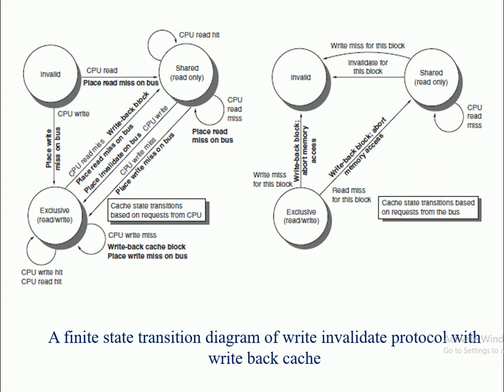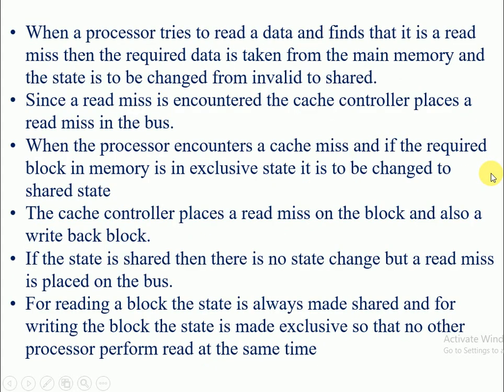So by using this cache coherence protocol, that is the snooping protocol, we can reduce the problem of cache coherence, and we can have the updated data accessed, and the system will work in a better way for the response time as well as the bandwidth of the entire system. So that is all about the cache coherence protocol.